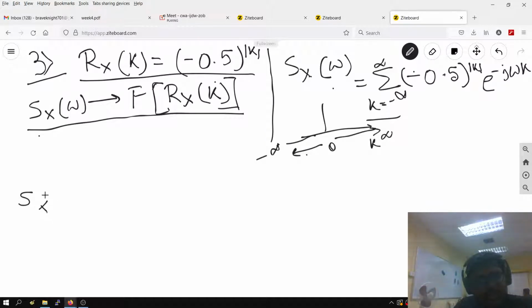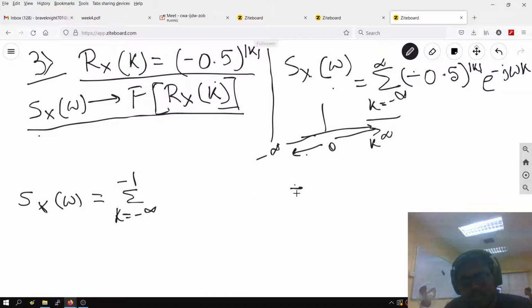S_x(omega) equal to: the first part is k equal to minus infinity to minus 1, and another part is k equal to 0 to infinity.